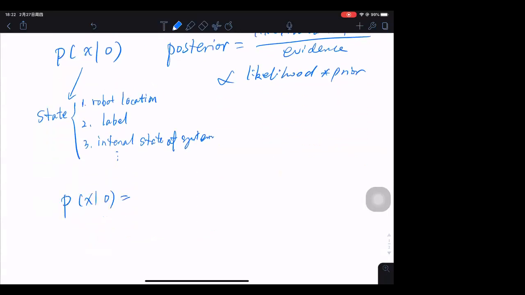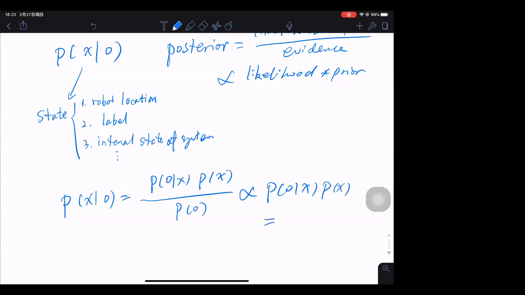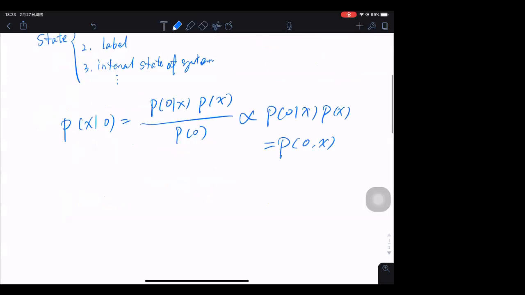P of x given O is P of O given x, the likelihood, times P of x, the prior, over P of O, proportional to this guy, and that's nothing else than the joint distribution of O and X. That means in many cases, your problem has been transferred from the inference of the state to the inference of the joint distribution.